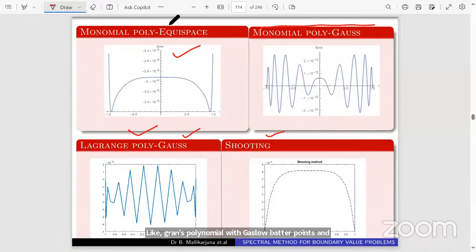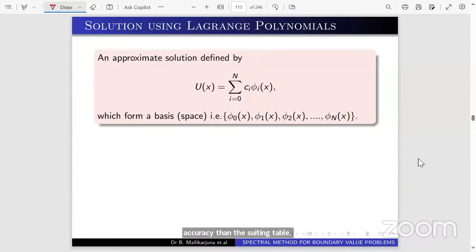So even monomial polynomials with equispaced points give more accuracy than the other technique. So this is the advantage of the spectral method.